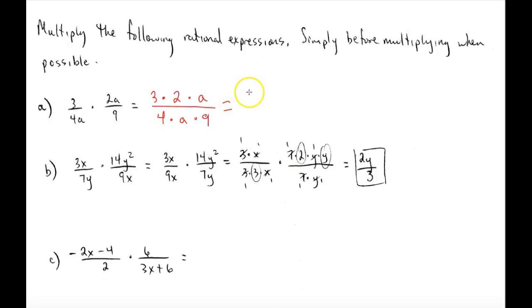Okay, so if I rearrange this, I can have 3 times 2 times a again, but in the denominator now I'm going to write 9 times 4 times a. And of course, if I break everything up now, I could write it like this. And if you notice here, we have these a's reduced to 1.